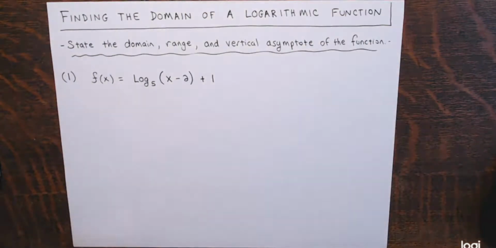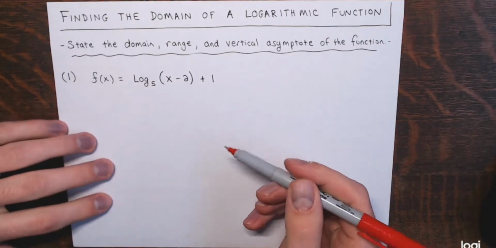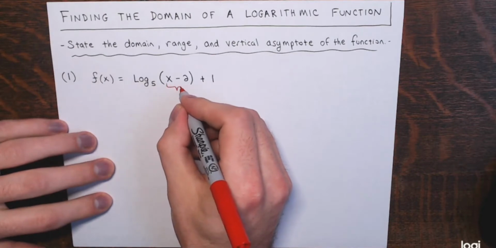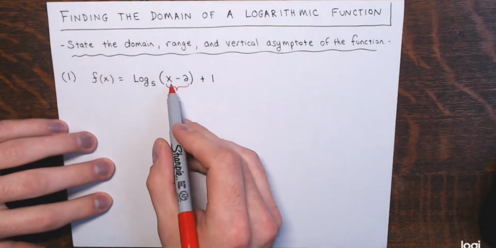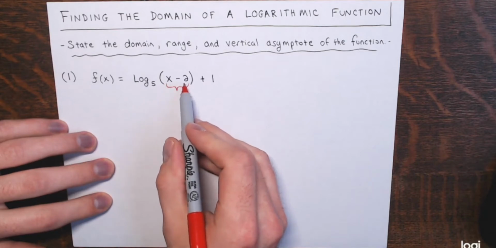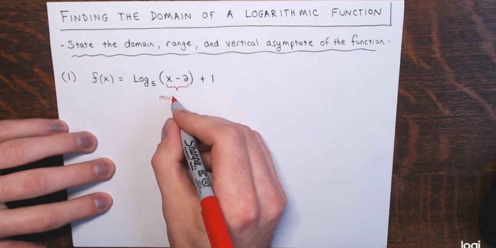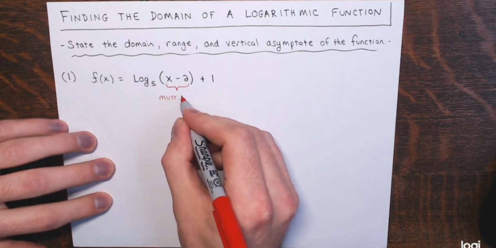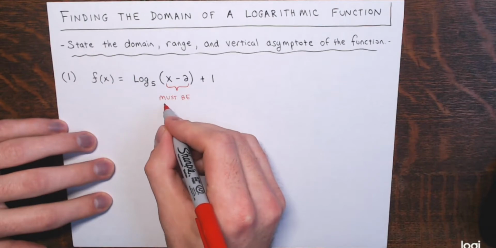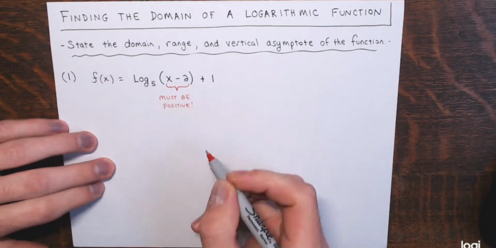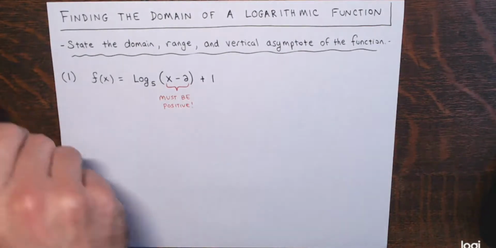Finding the domain of a logarithmic function is pretty simple in my opinion. Because remember what I mentioned earlier, the expression inside the logarithm, the number inside, has to be positive. Then I set up an inequality that states this.